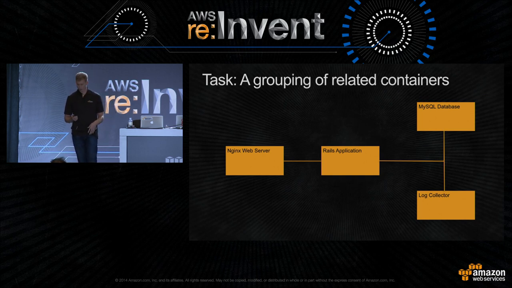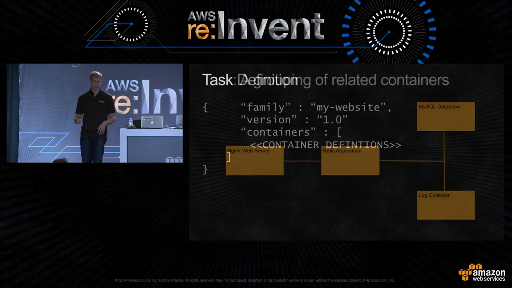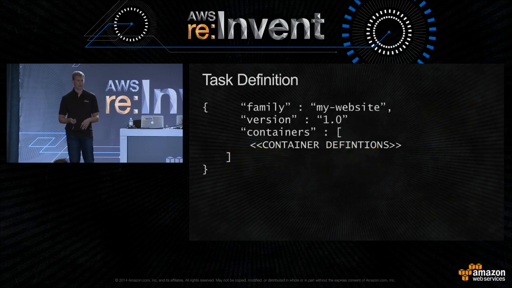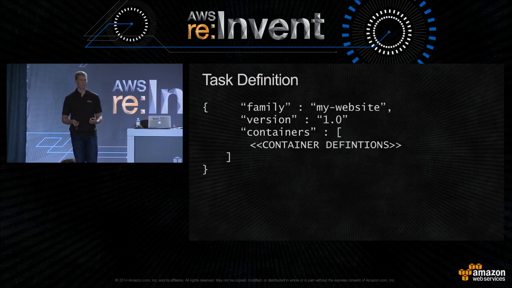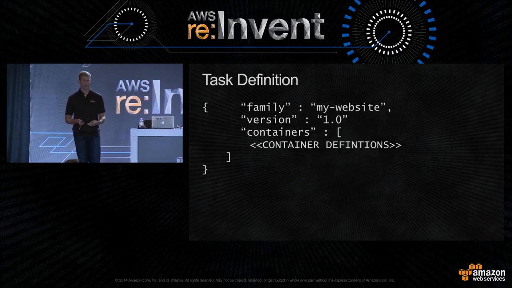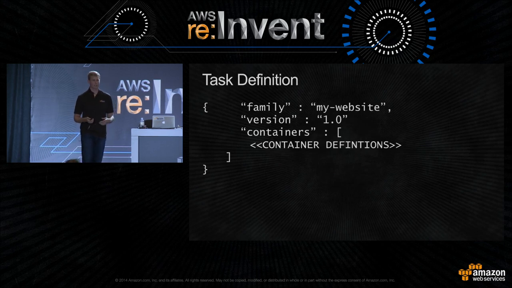And so how do we define a task? On the next slide, we have a task definition, and it's just three simple components. We have a family, we have a version, and we have a list of container definitions. A family is just a name that keeps your tasks together. So in the first example, we had Nginx, Rails, some storage and a log collector.